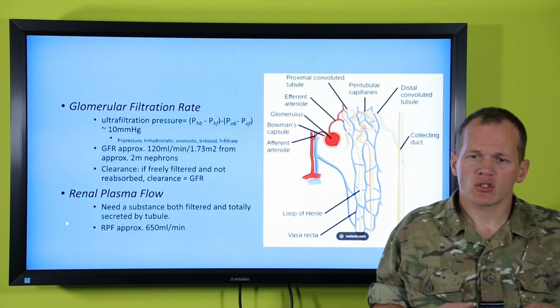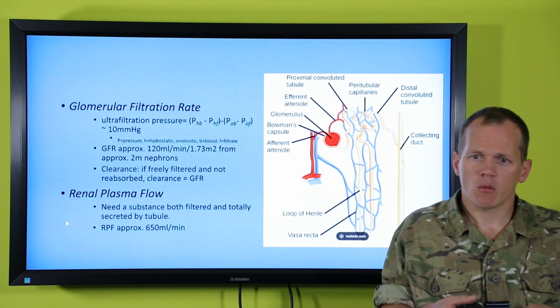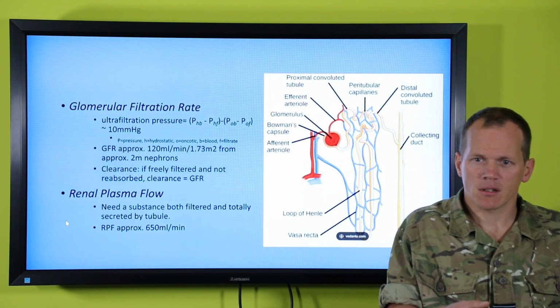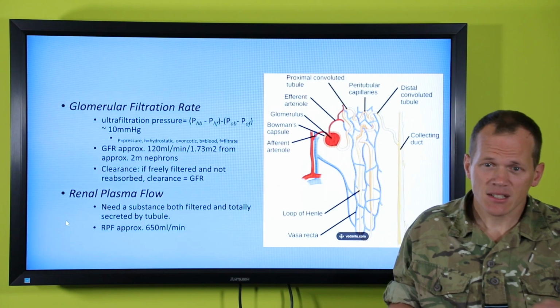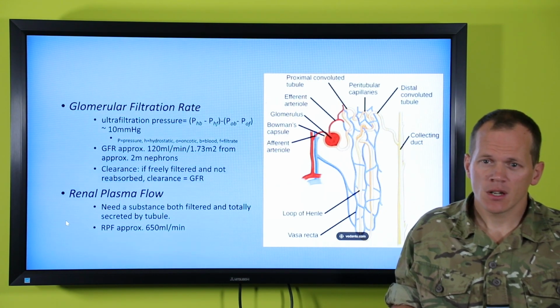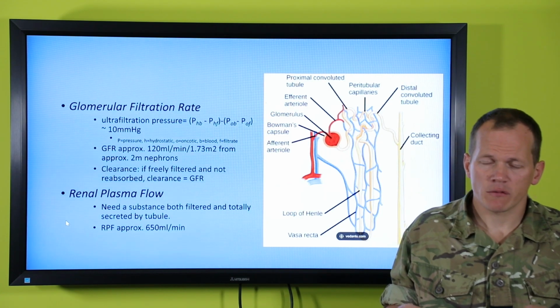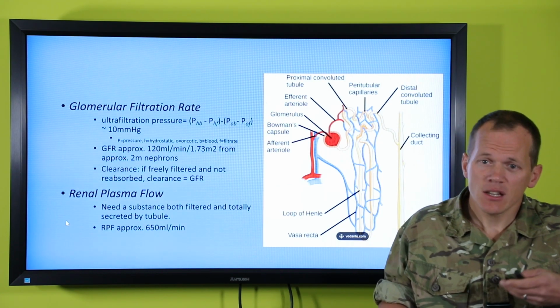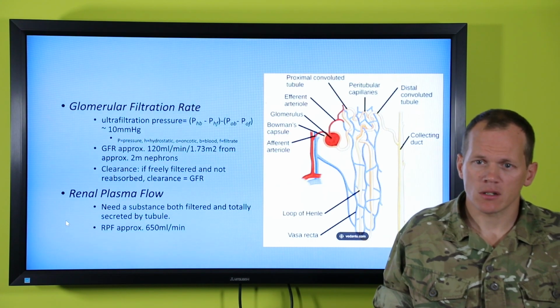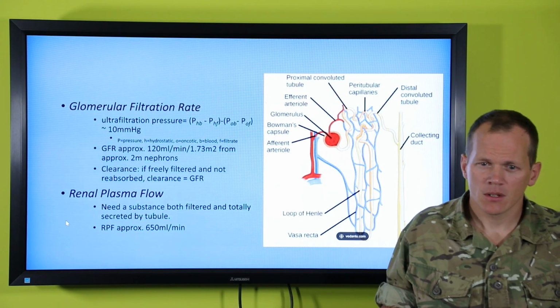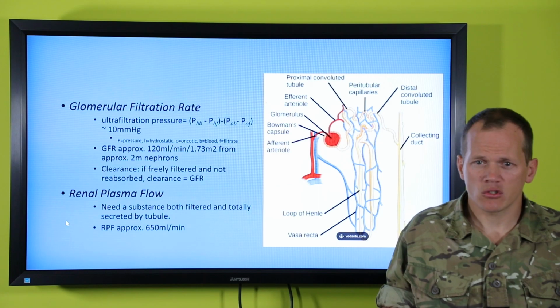Now, if a molecule moves from the capillary side into the filtrate side entirely and is freely filtered and it's not reabsorbed, then your clearance of that molecule from the plasma is equal to your glomerular filtration rate, because they're the same. So clearance equals GFR.